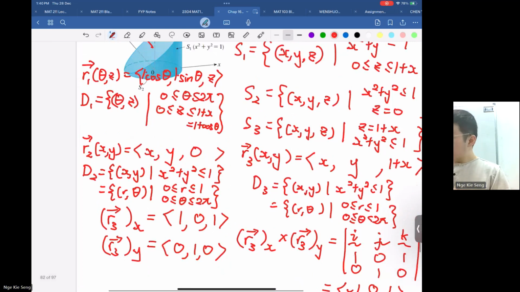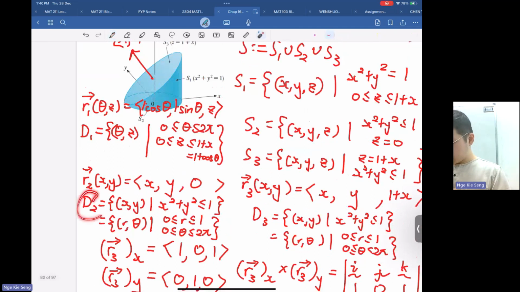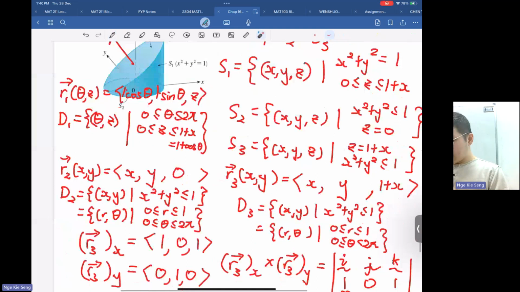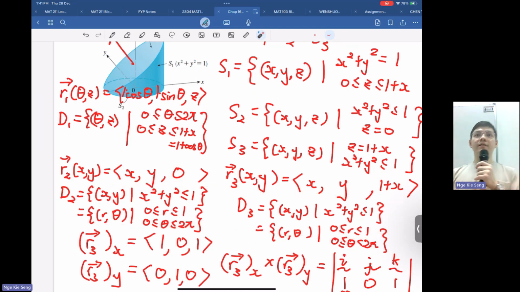Make sense? You can see that this D2 and D3 are really the same, but what's different is the height. But this height doesn't affect the domain you use.